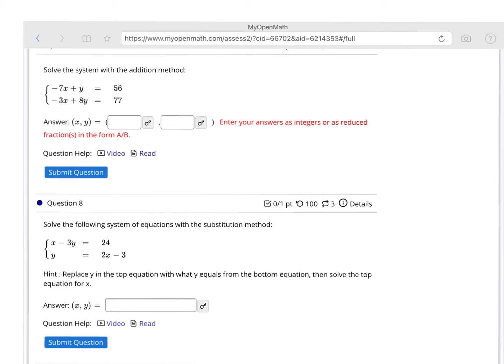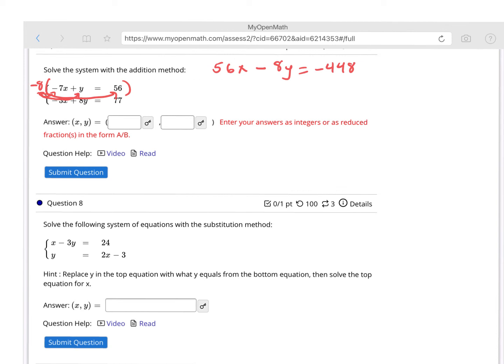So in this case, what I'm going to do is I'm going to multiply our top equation here by -8. When I do that, I'm going to end up with on the top a positive 56x, because -8 times -7 is a positive 56, minus 8y, because -8 times y is -8y, is equal to -8 times 56, which is going to give me a -448.